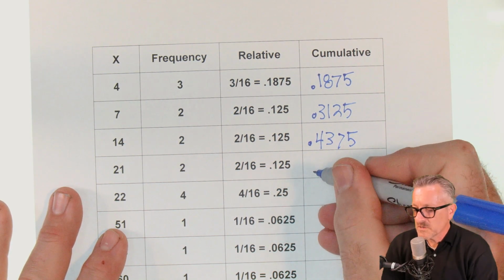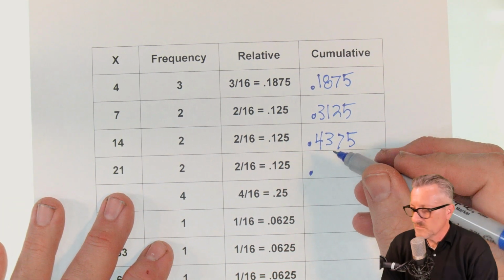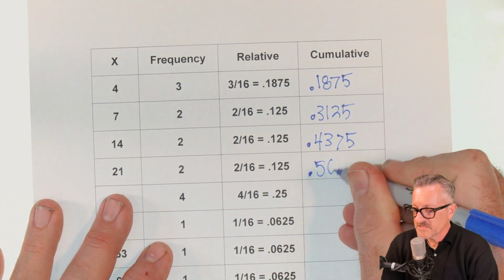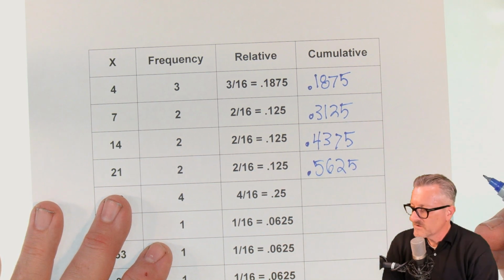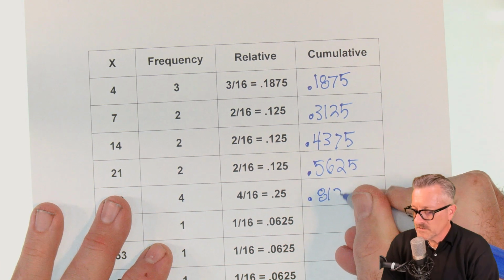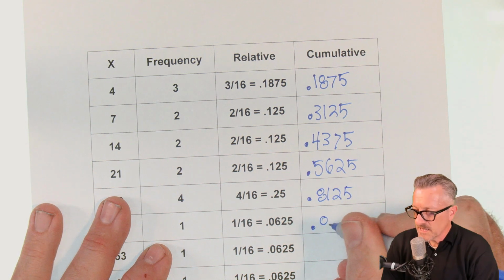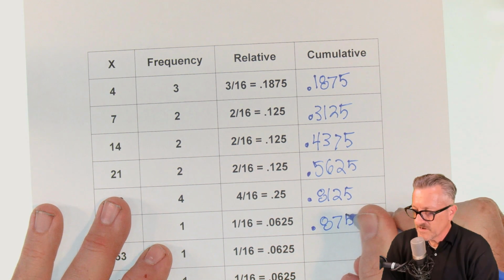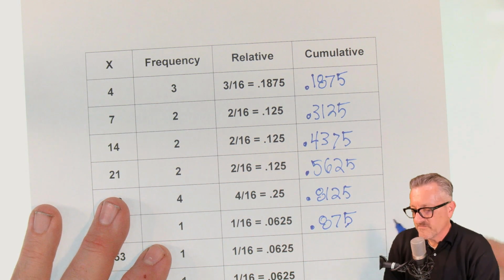And then with the next one, and I'll fill these in, let's see, make sure I don't make a mistake. It's 0.5625, and then 0.8125, and then 0.875.